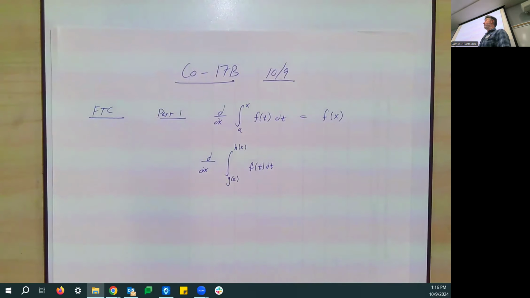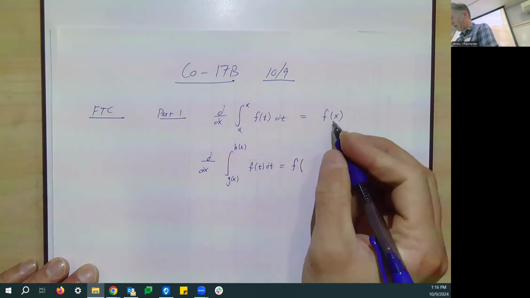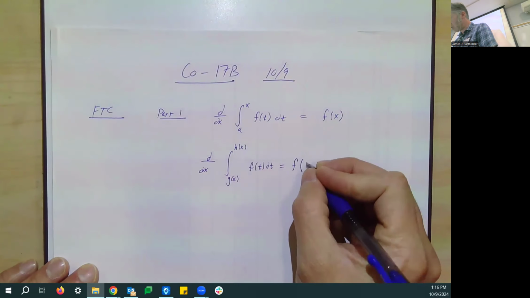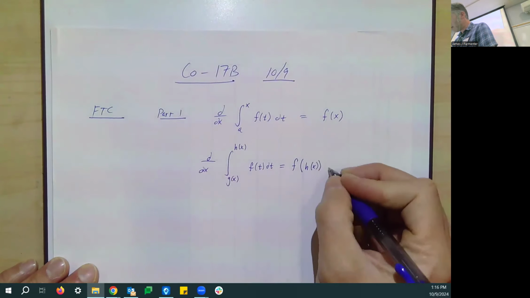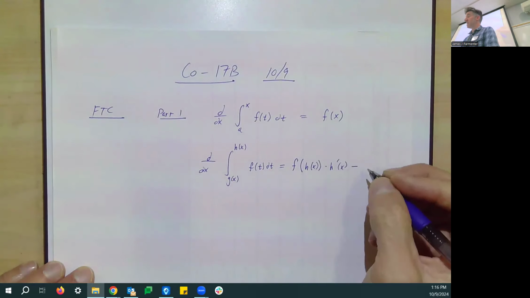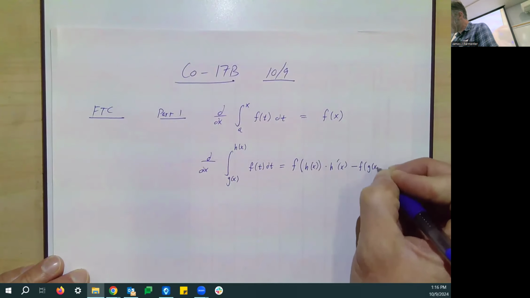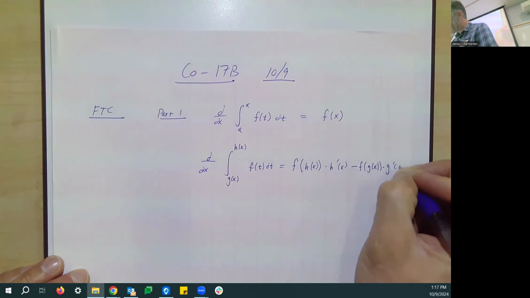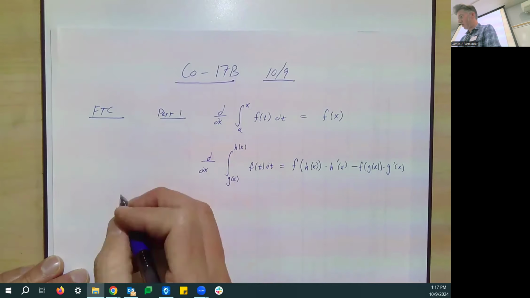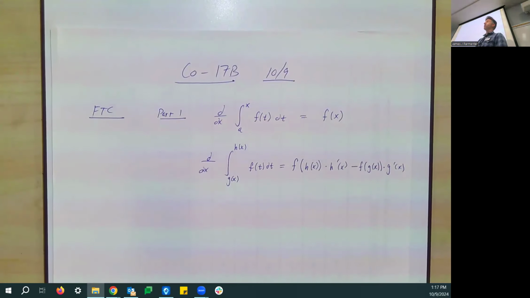So you have to end up multiplying by the derivative of those limits of integration. So you're going to be getting the top thing, f of h of x times the derivative of h of x, minus, and then the same thing happens. You get f of g of x times the derivative of g of x.